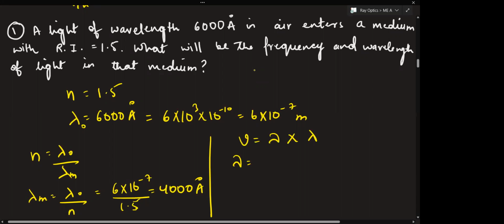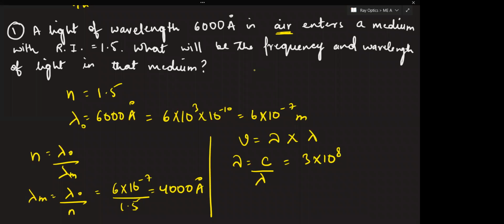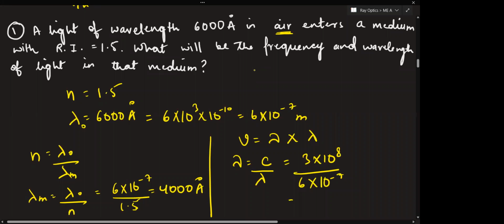Let's take the speed in air, because at least for one medium we are sure. So 3 into 10 to the power 8 meters per second divided by 6 into 10 to the power minus 7 gives 5 into 10 to the power 14 hertz. This frequency is valid for air and for that medium also.